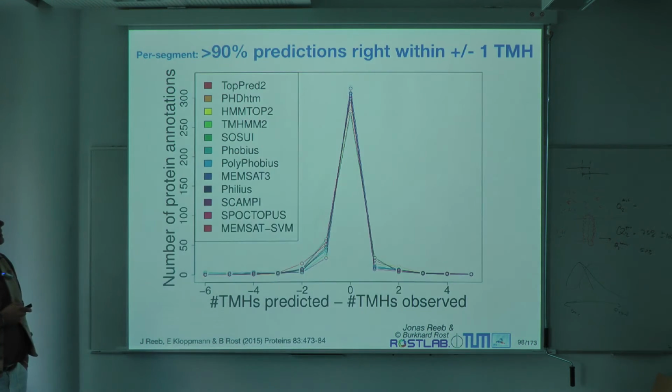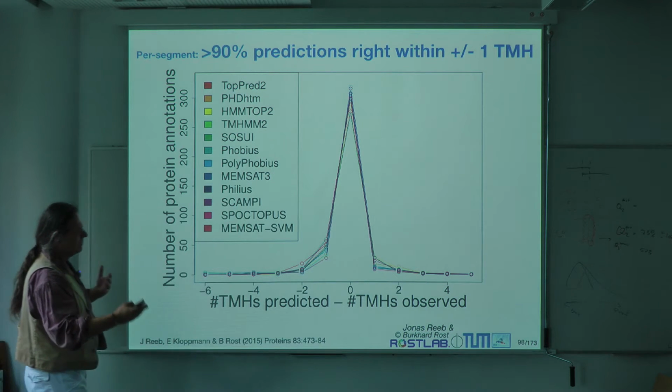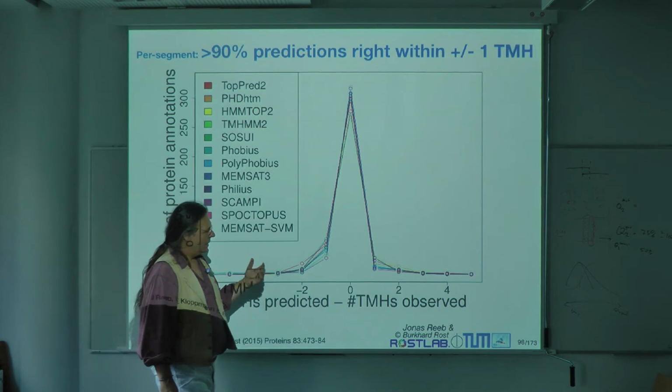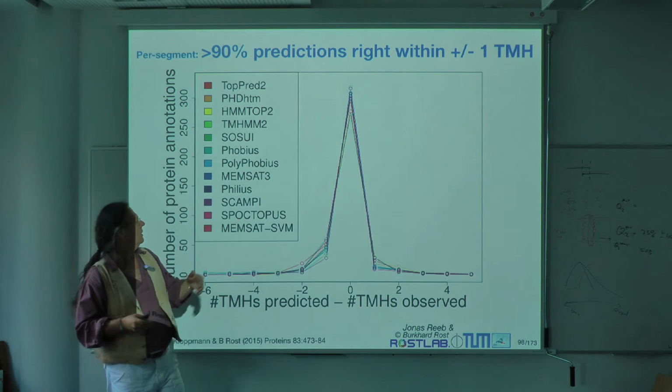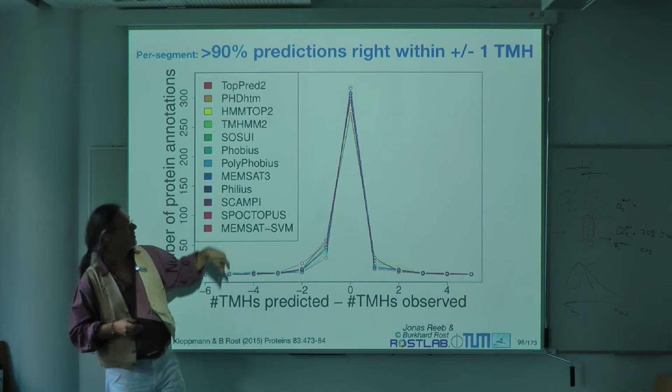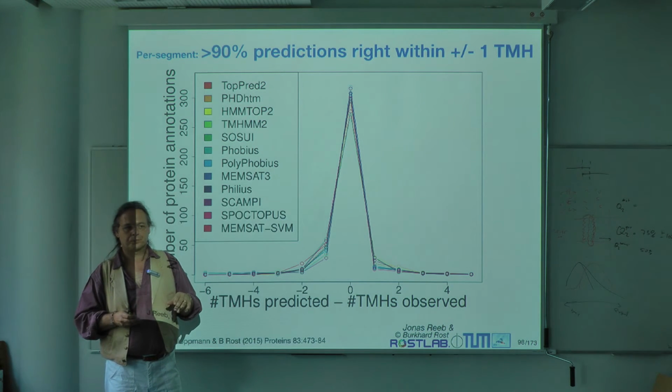Let me get into something else. That's an important point. What this one here shows is the distribution where, for all the methods and all the proteins, 95 proteins, you count the number of methods, I just say 10, I can't remember what the number is.